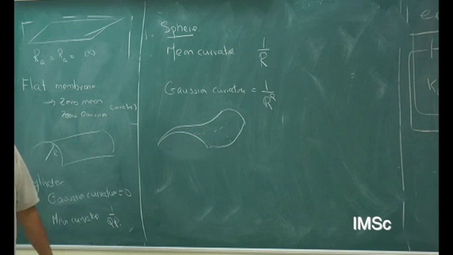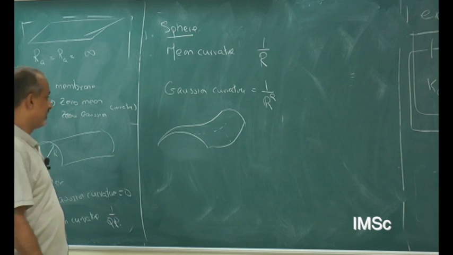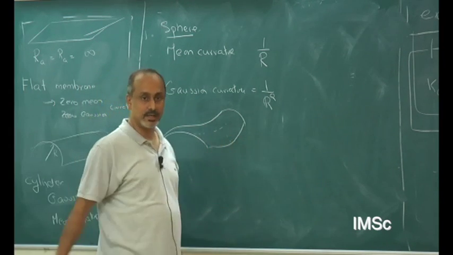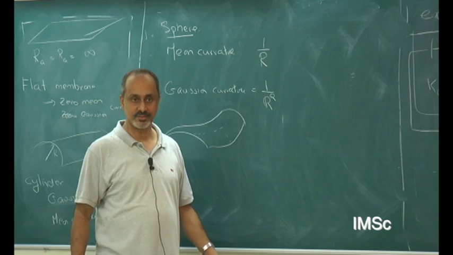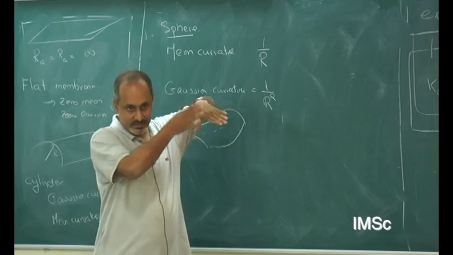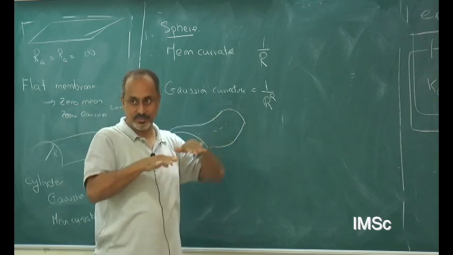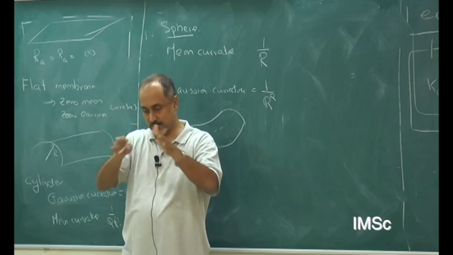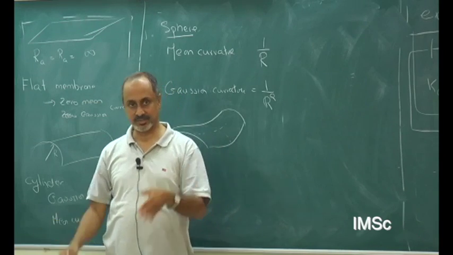What does it look like? It looks like a saddle. If you've seen a saddle on a horse, where you sit, when you face forward, where your legs are, it bends downwards like that.